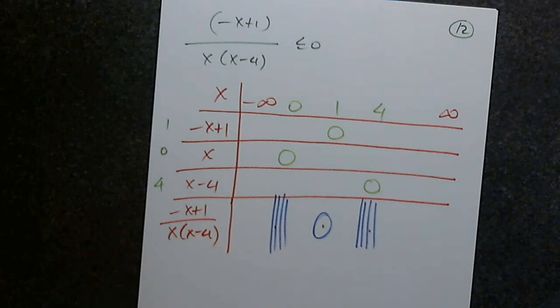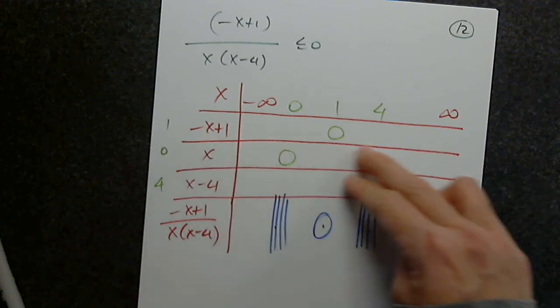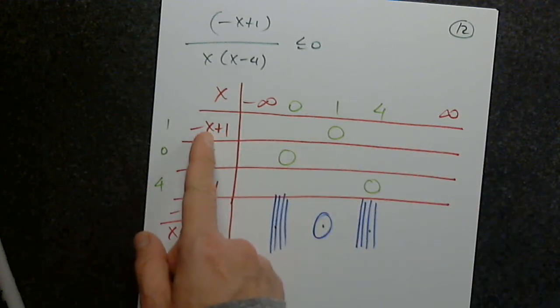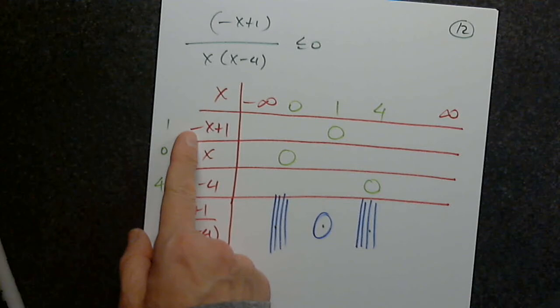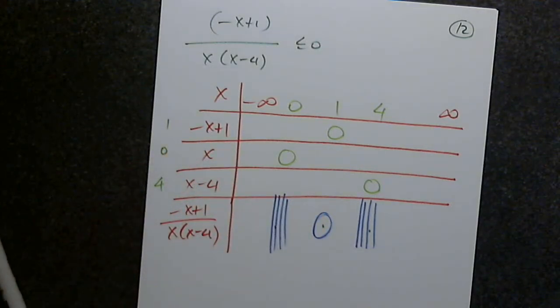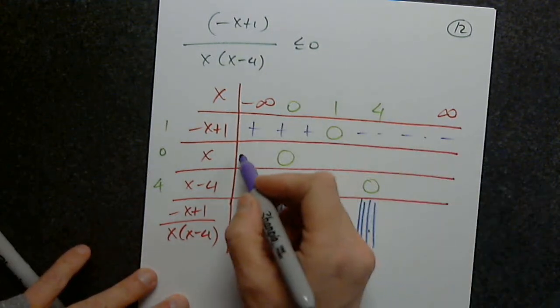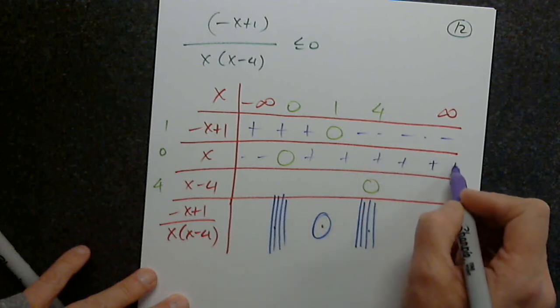Perfect. So now let's put the signs. These have the same sequence from negative to positive, but this one, because the leading coefficient is negative, is the opposite. It's the end behavior, right? So I have plus and minus, but minus and plus.